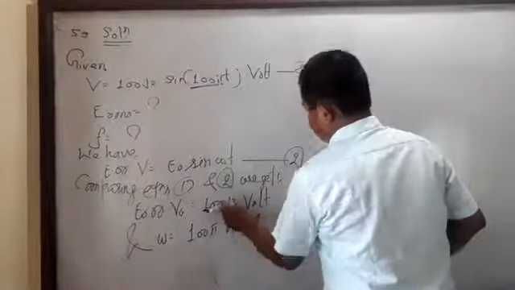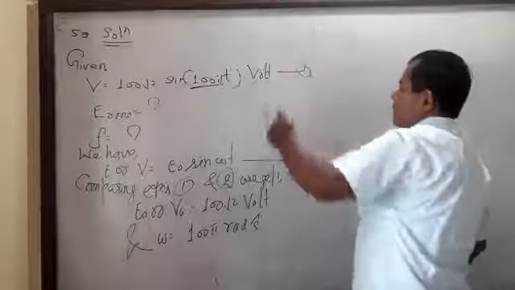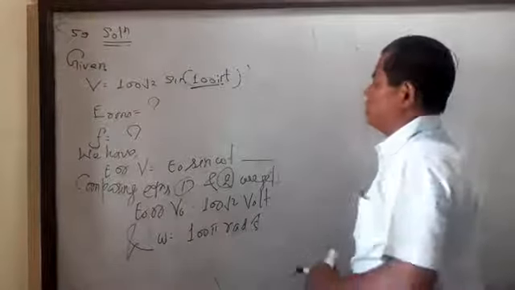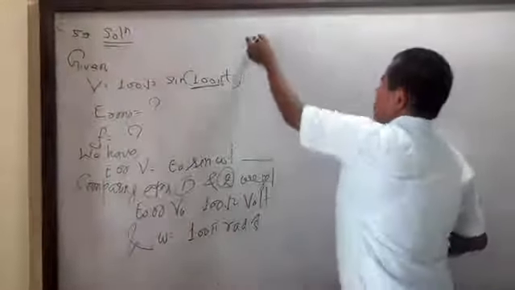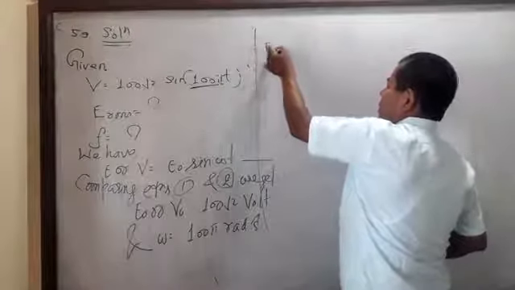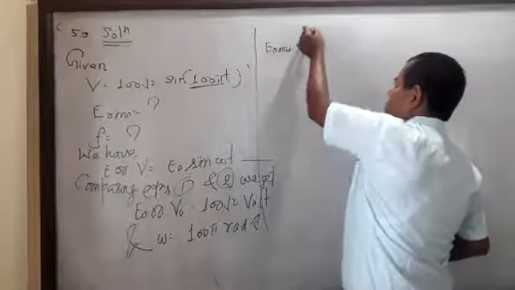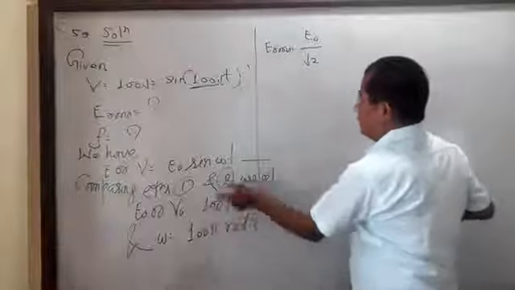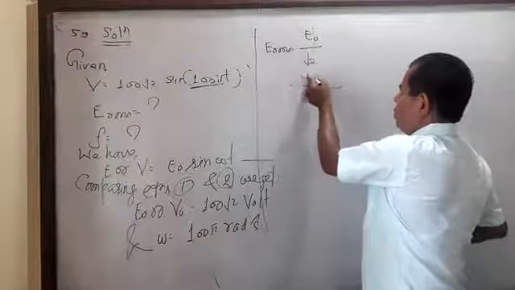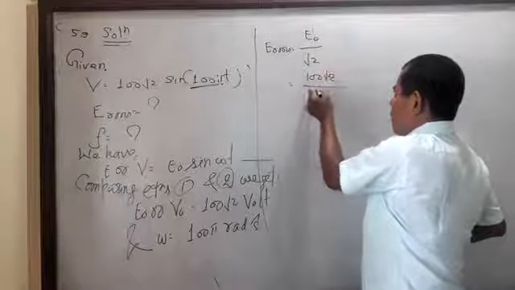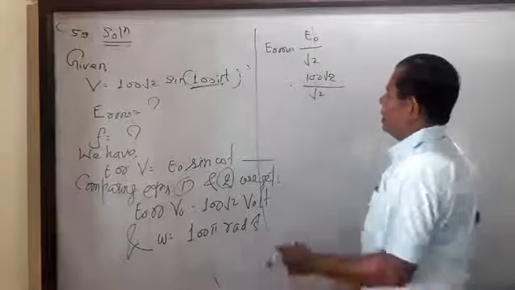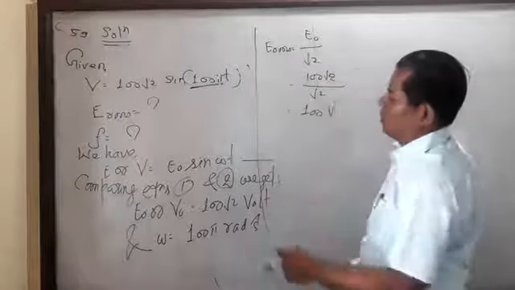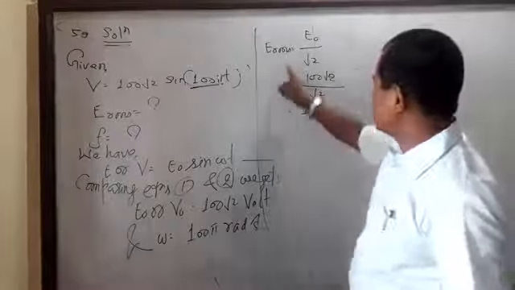The relation between peak voltage and ERMS is ERMS is equal to E naught divided by root 2. E naught has value 100 root 2, so 100 root 2 divided by root 2. Root 2 cancels, and the answer is simply 100 volt. This is the first part answer.